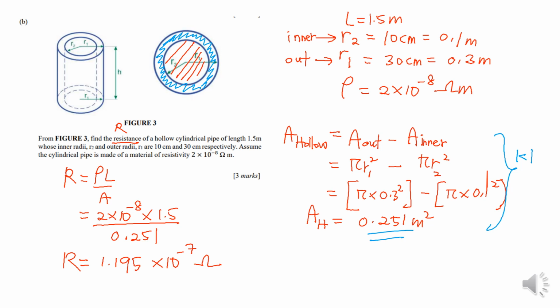Dan gantian 1 dan jawapan berserta unit yang betul 1. So rumus ni tidak diberi markah sebab sudah diberi depan. Okay, 3 marks. Okay, untuk 2B.